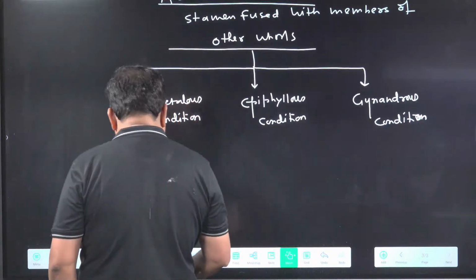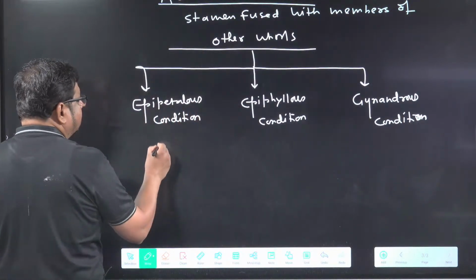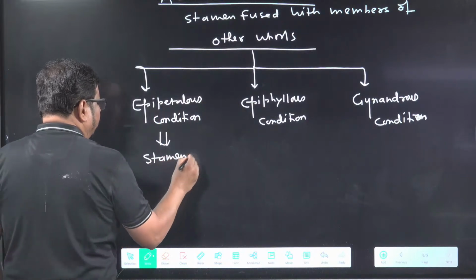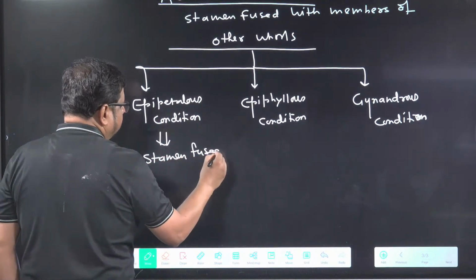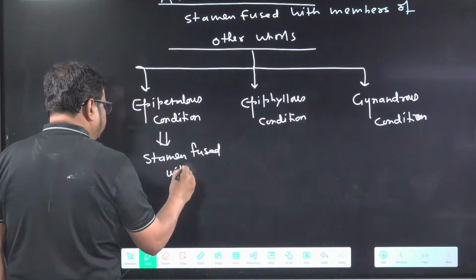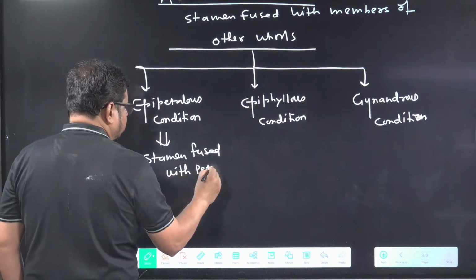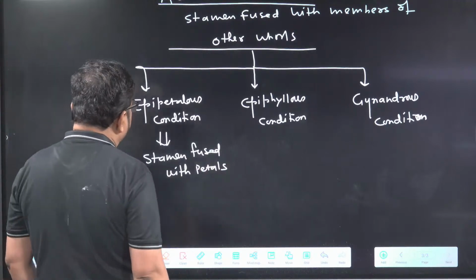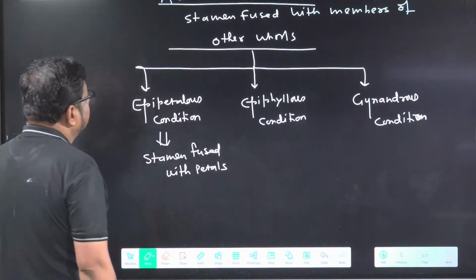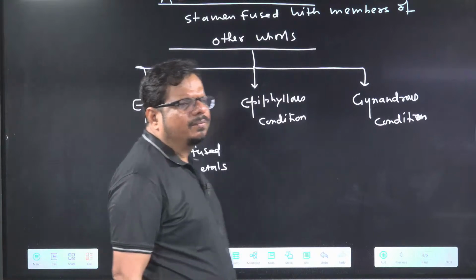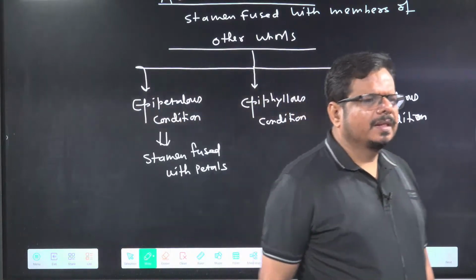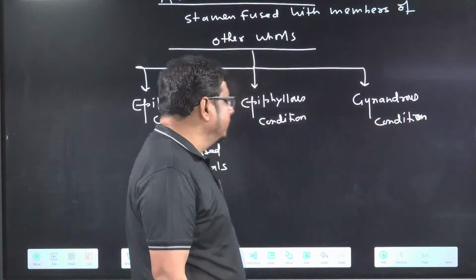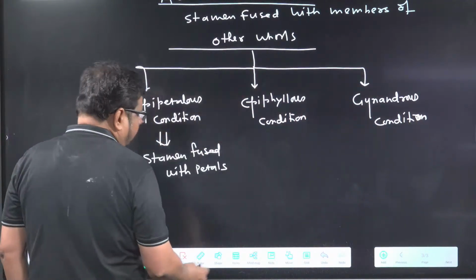So I am going to talk about epipetalous condition. What's happened? Stamen fused with petal, or you can say stamen fused with corolla. Petal is a leaf of the corolla, na? So we are telling about which one? Epipetalous condition.